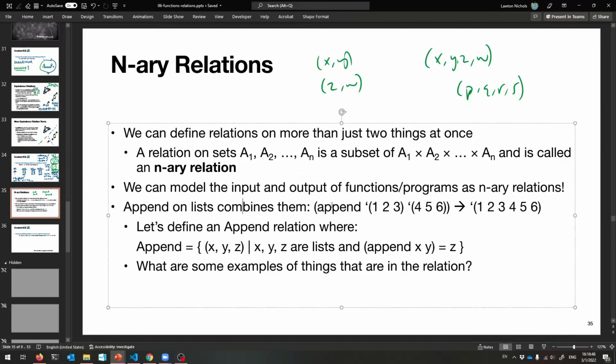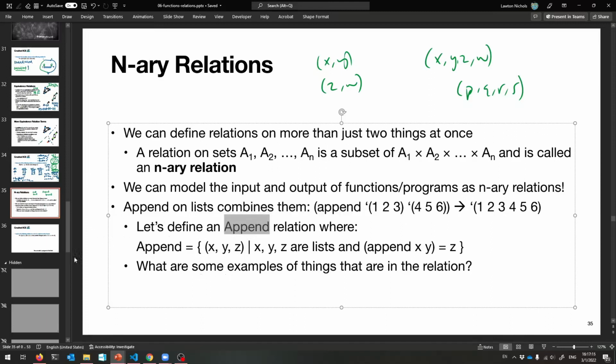So, for example, the append function in Racket, or you could define the equivalent thing in C++, takes 2 lists and gives back a bigger list with those 2 smaller lists concatenated together. That's what append does. You can define a 3-ary relation on lists that covers what append is really doing to its input lists.